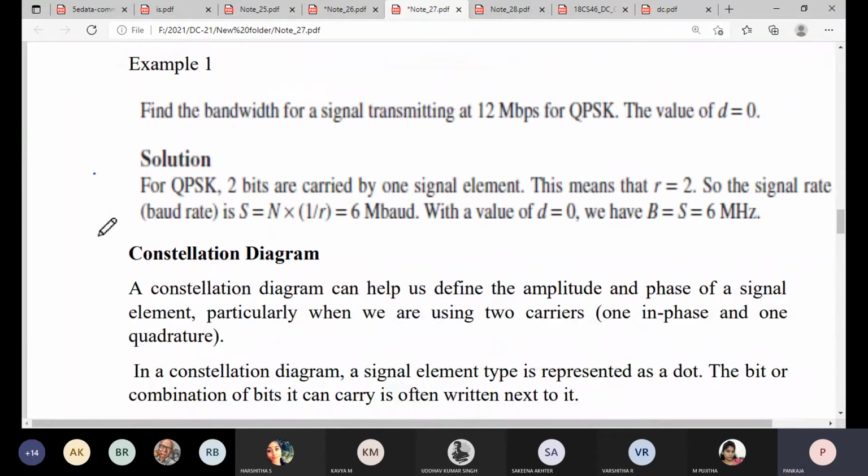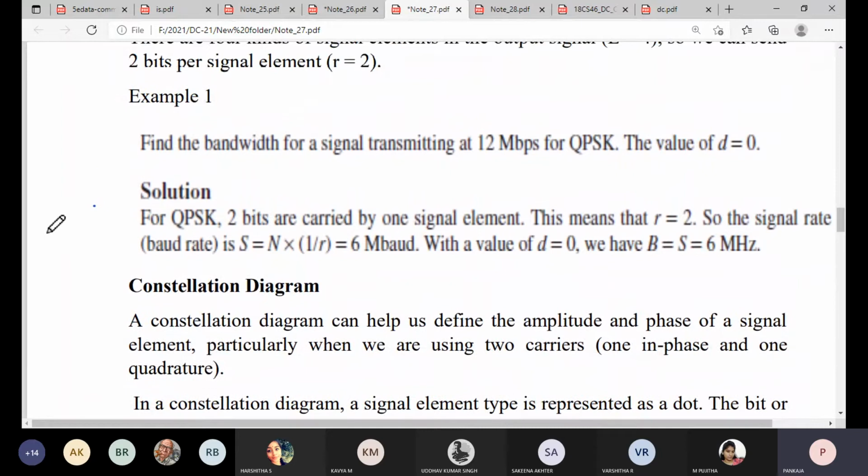Here we have one problem. Let's go to the problem. Find the bandwidth of the signal transmitting 12 megabits per second. Immediately you need to note down 12 megabits per second. What exactly is it? It is the data rate, or bit rate.